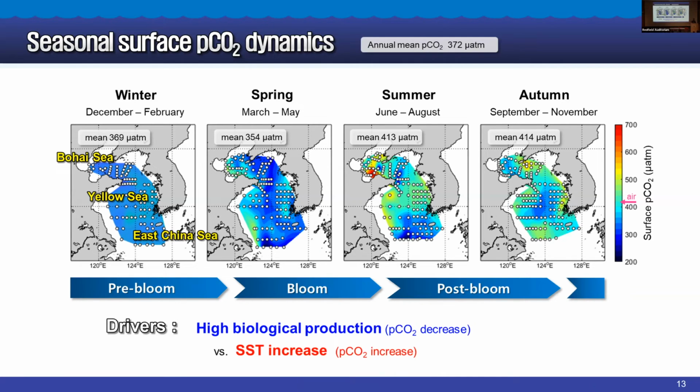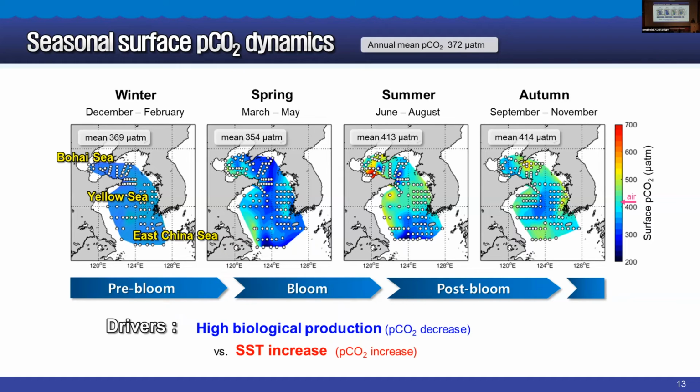Surface pCO2 values for winter and spring are considerably lower than the atmospheric CO2, by about 50 to 60 microatmospheres. As the season progresses from spring to summer and autumn, the pCO2 values increase to levels that are very close to the atmospheric CO2.